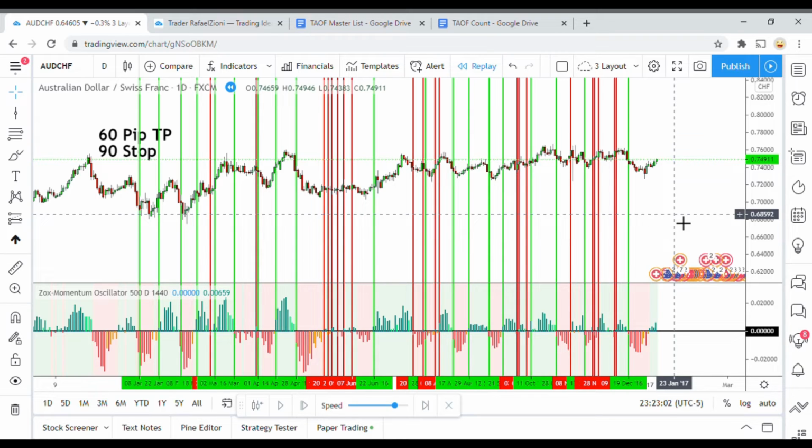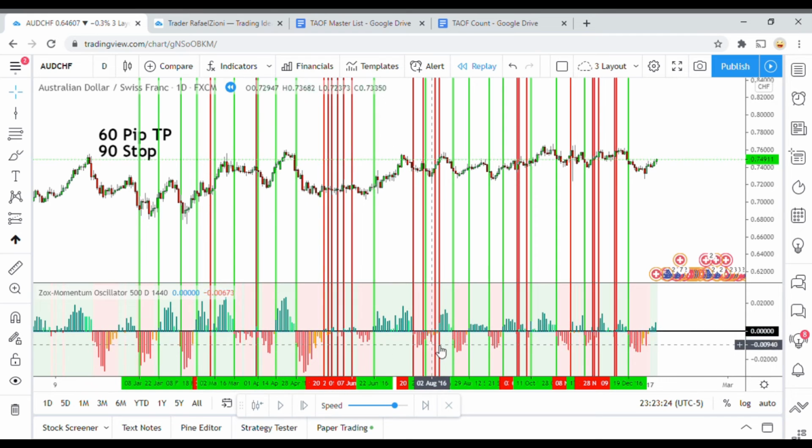It was doing really well up to this point right here. And it's a shame because there are some indicators that just get absolutely destroyed in a ranging market, and this one appears to be one of those indicators.